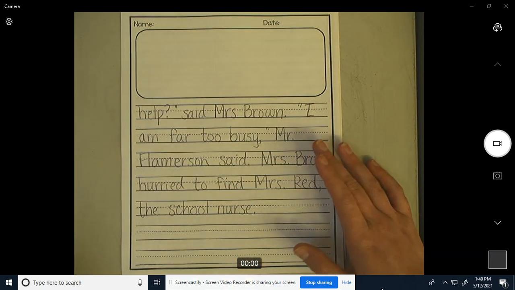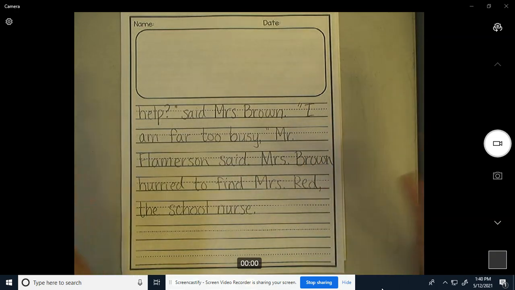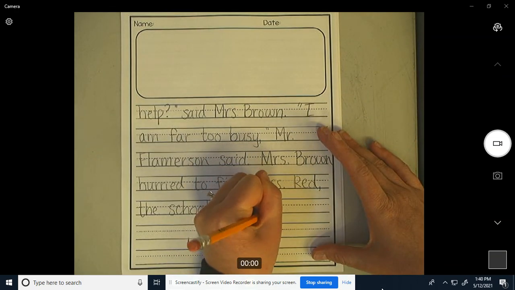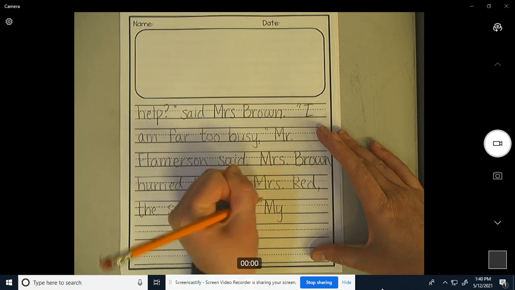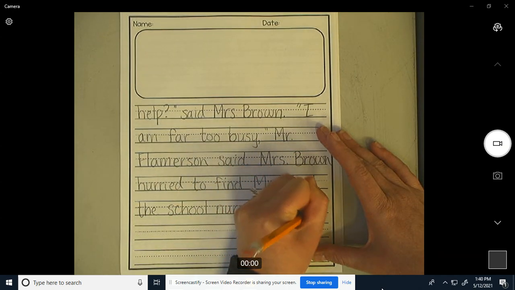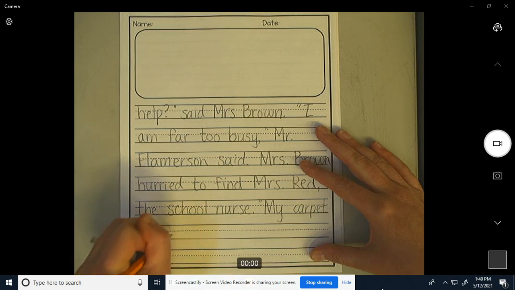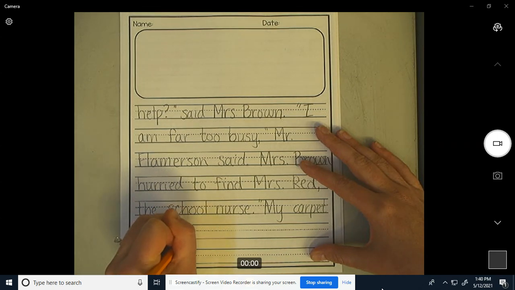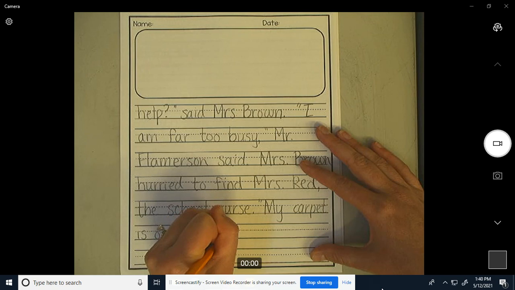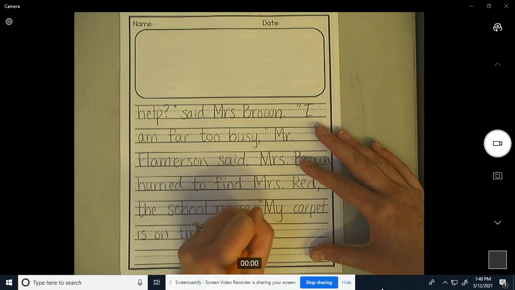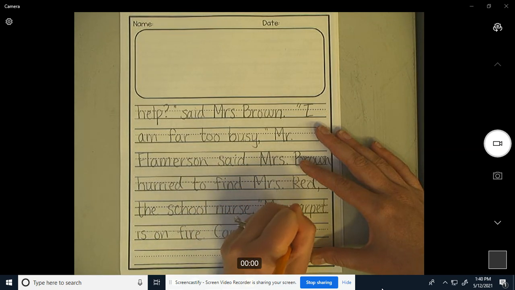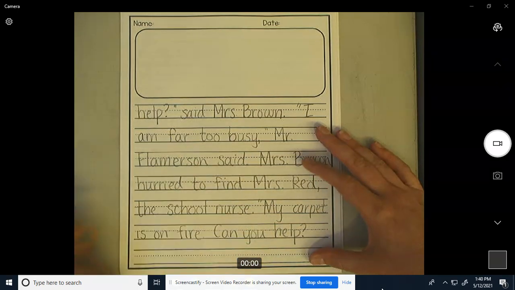All right, Mrs. Brown's going to say, "My carpet is on fire." This is a lot of writing today. It is. Make sure you have your writing hand ready. You may have to take a couple breaks. "Can you help?" Notice she says the same thing to each person.